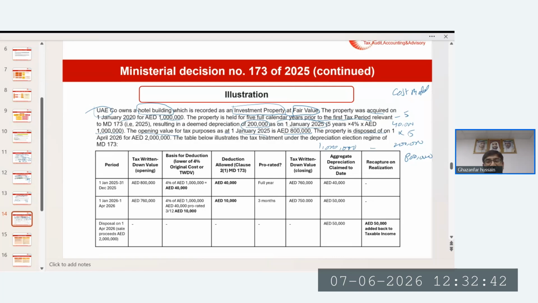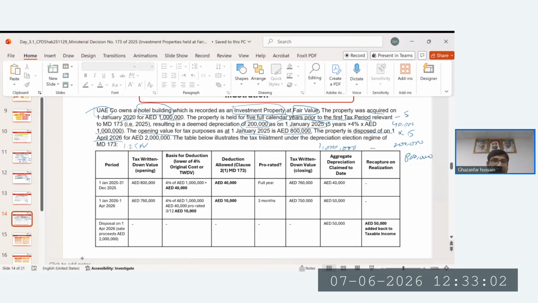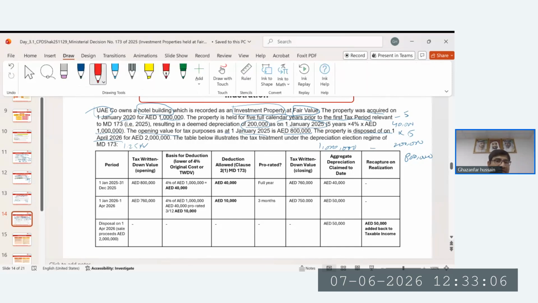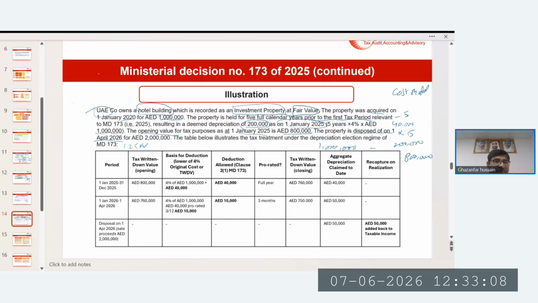Now assume the property is disposed of on April 26, which we can say is 1.25 years, one quarter, for 2 million.